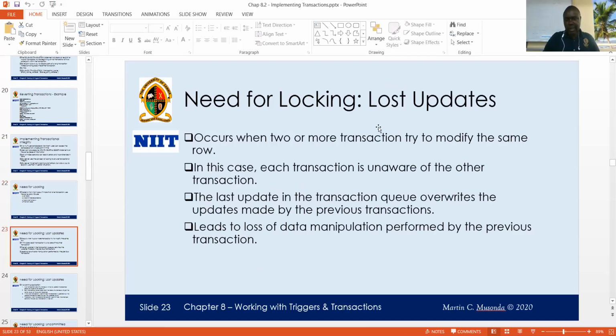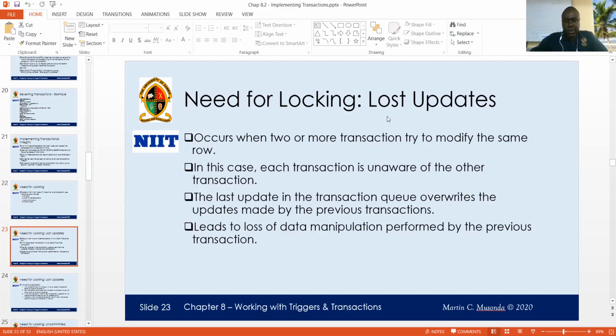The first one is lost updates. Lost updates occur when two or more transactions try to modify the same row. In this case, each transaction is unaware of the other transaction. The last update in the transaction queue overrides the updates made by the previous transaction.